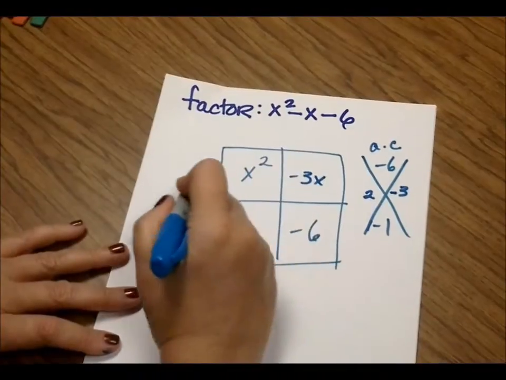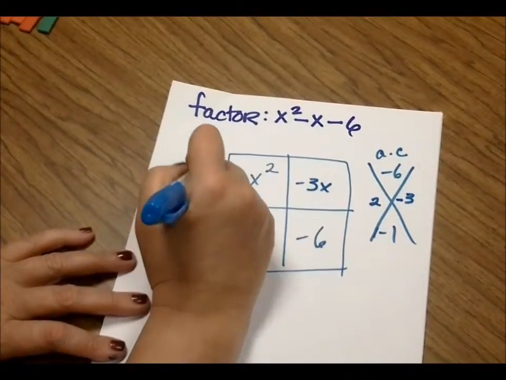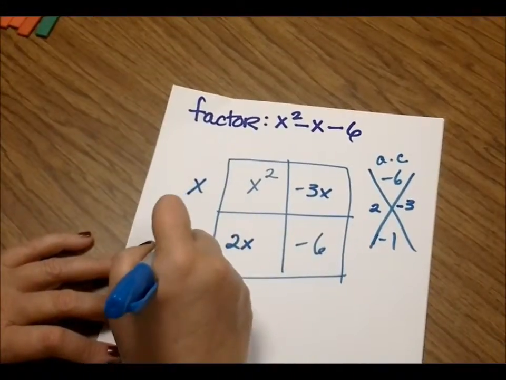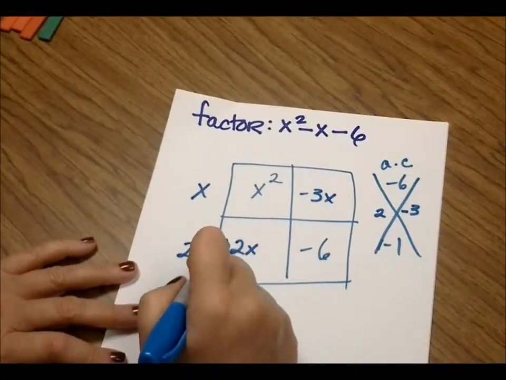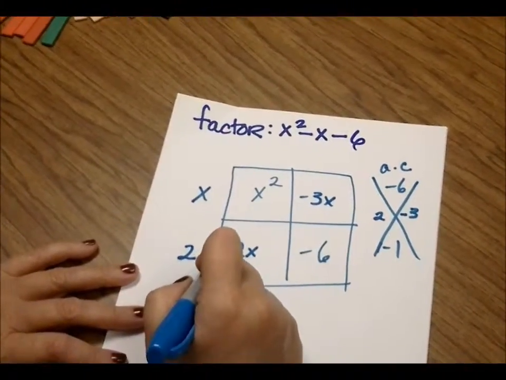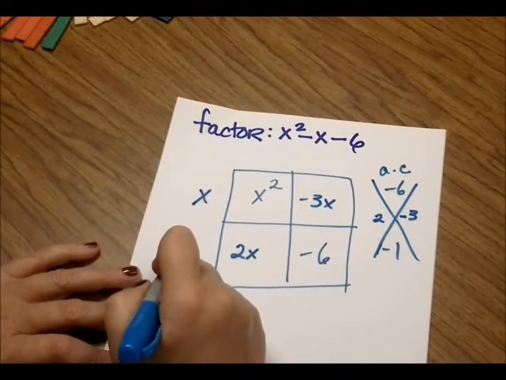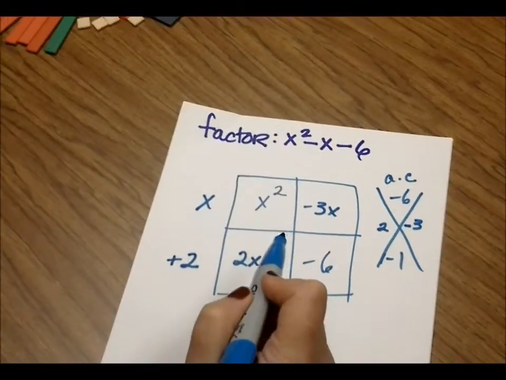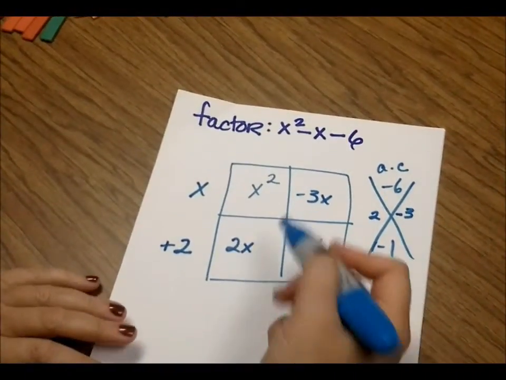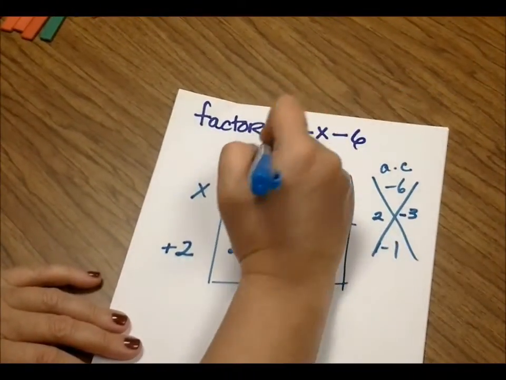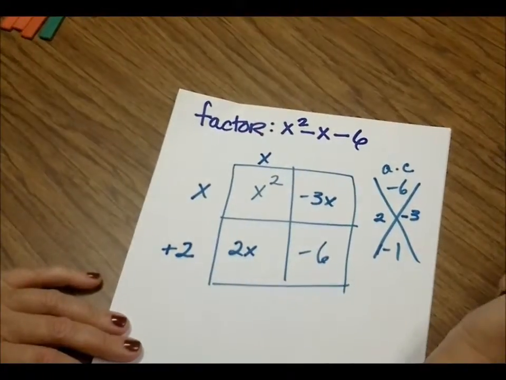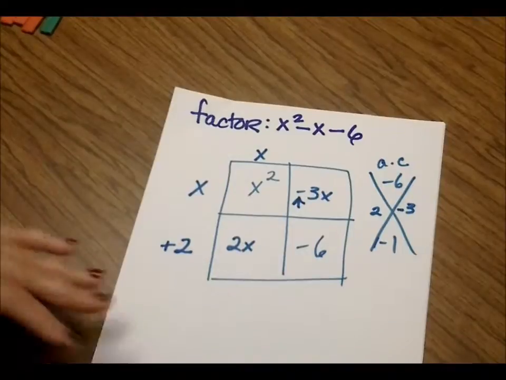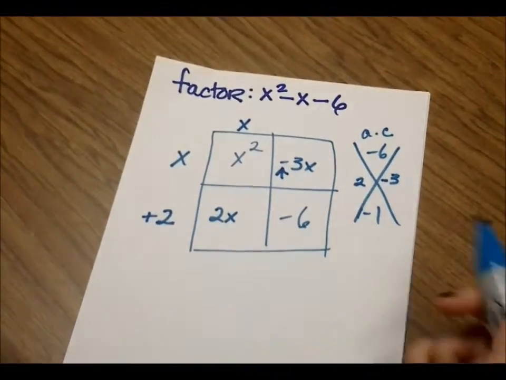When I look at this row, what they have in common is x. When I look at this row, what they have in common is 2. Whatever sign is on the x is the one that's driving the sign that will come out. So since that's a positive, I'm taking out a positive 2. Going this direction, they have an x in common. And again, the sign here is what's driving the factor that I want.